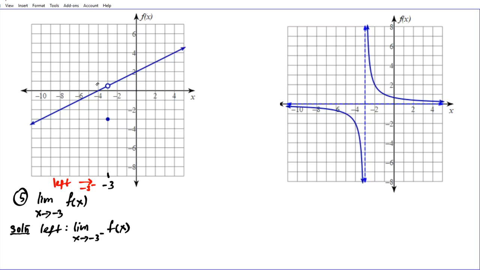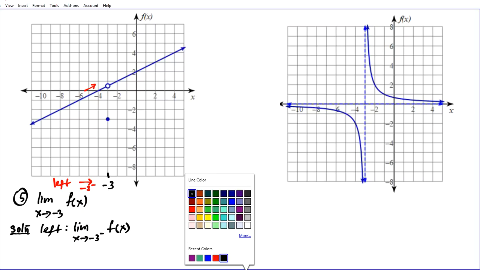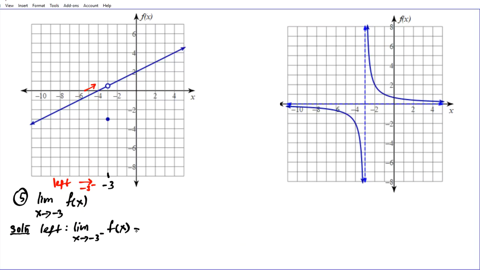What are you approaching? You're approaching a point that's undefined. The point that you're approaching could be defined or not. It doesn't really matter. In this particular case, the y-coordinate of that undefined point is going to be our limit, and the y-coordinate is 1/2, 0.5. So that's the left-hand limit.